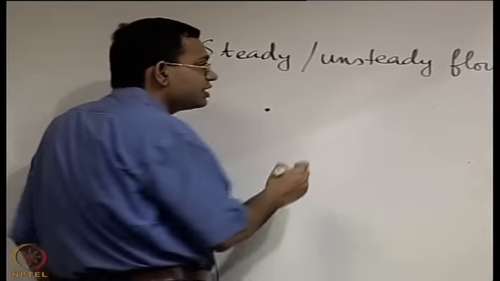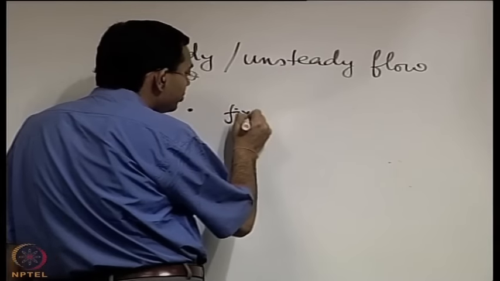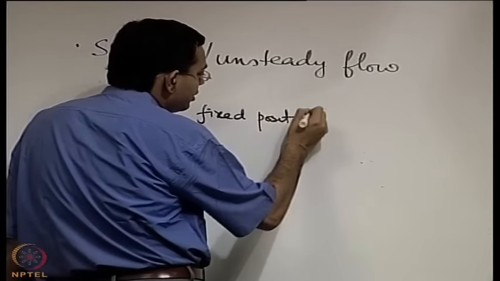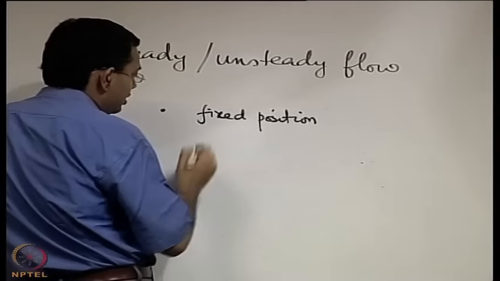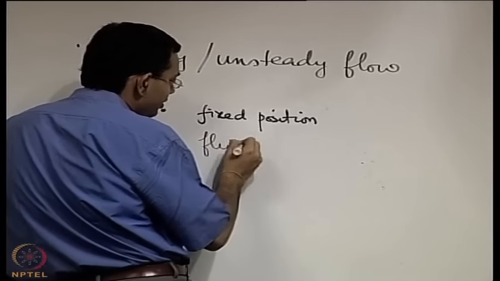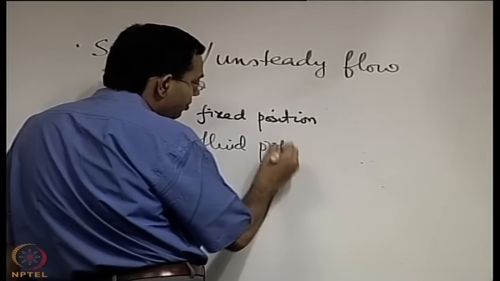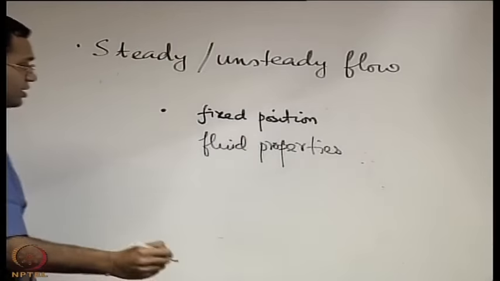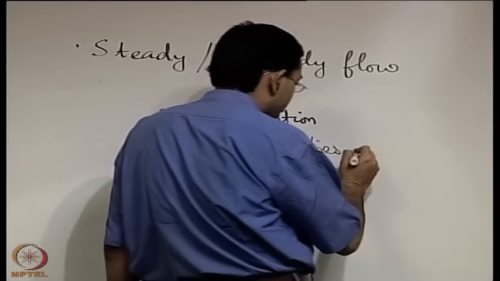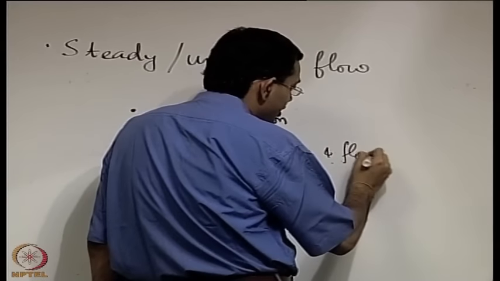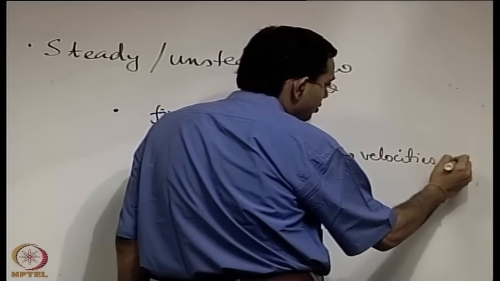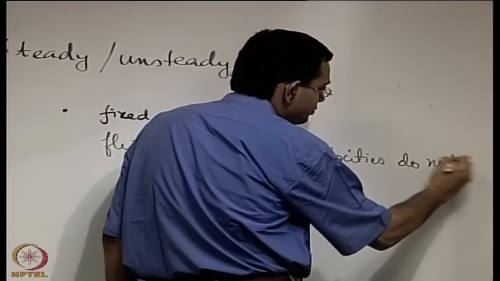So what are the keywords here? That we are having a fixed position, and what we are trying to see is the fluid properties. When we say fluid properties, we have discussed many fluid properties, maybe density, maybe viscosity, whatever fluid properties, and flow velocities do not change with time.